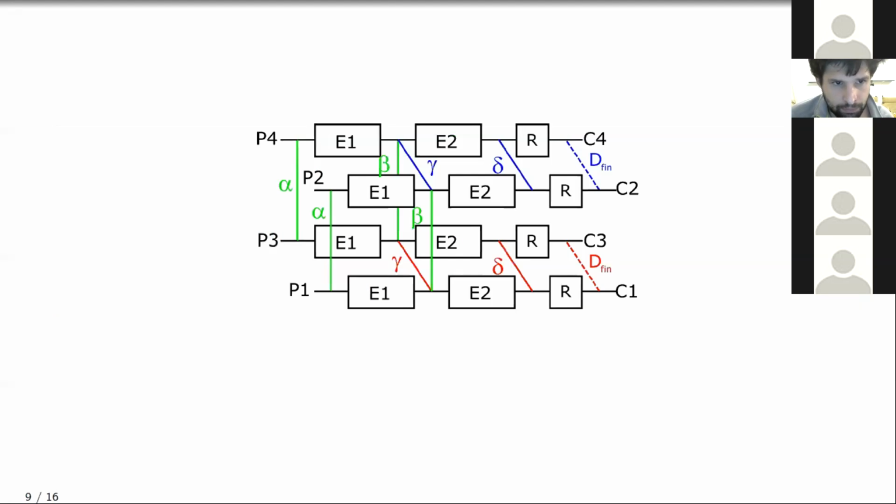So here is the new situation, and the last round attack will imply three steps. The first one will be getting this event to happen, then recovering the subkey on the last round, and guessing the rest.